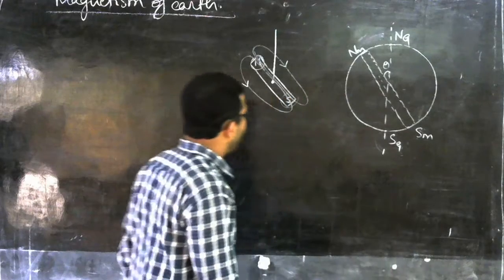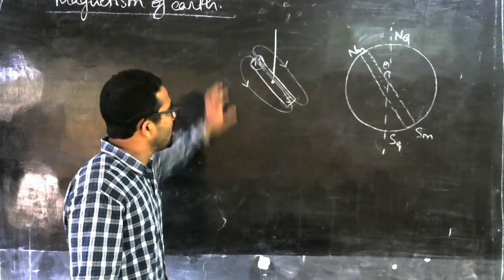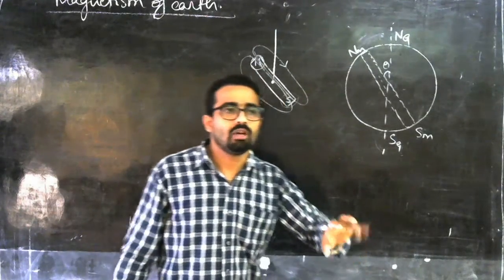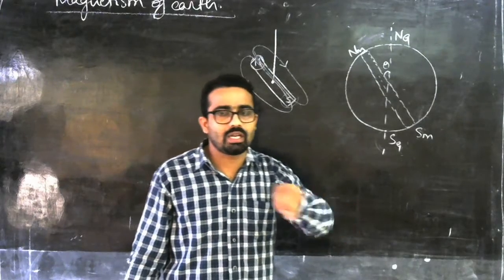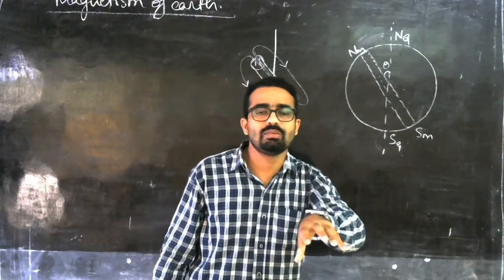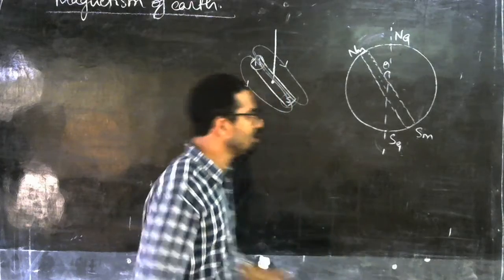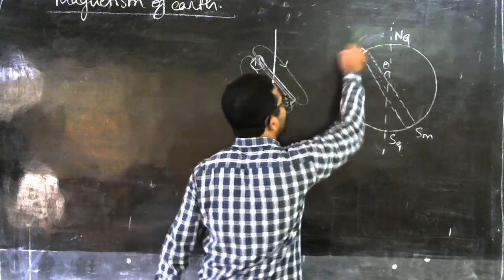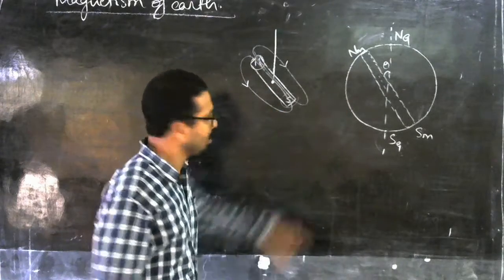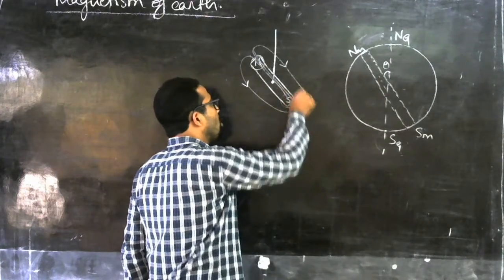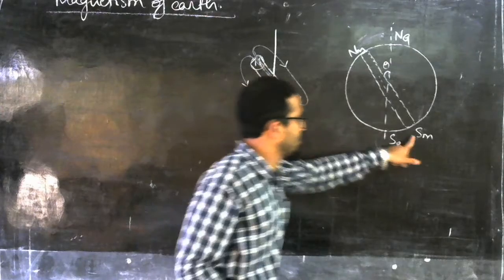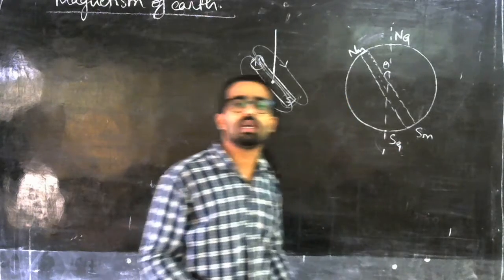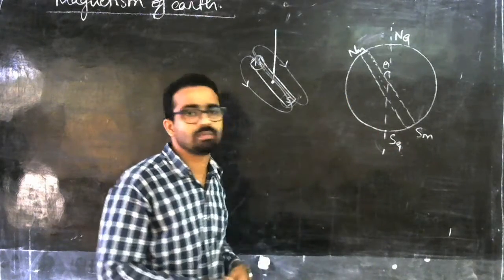Understood? And we already know that in magnetism, opposite poles attract each other and like poles repel each other.